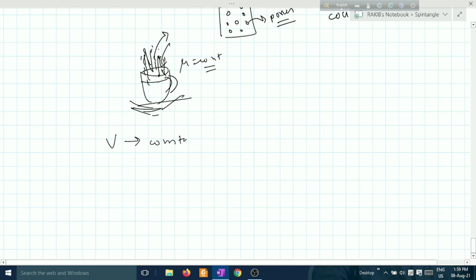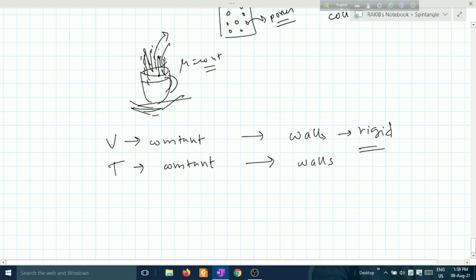We have seen that to make V constant, the walls are rigid, and to make T constant, the walls have to be diathermic.